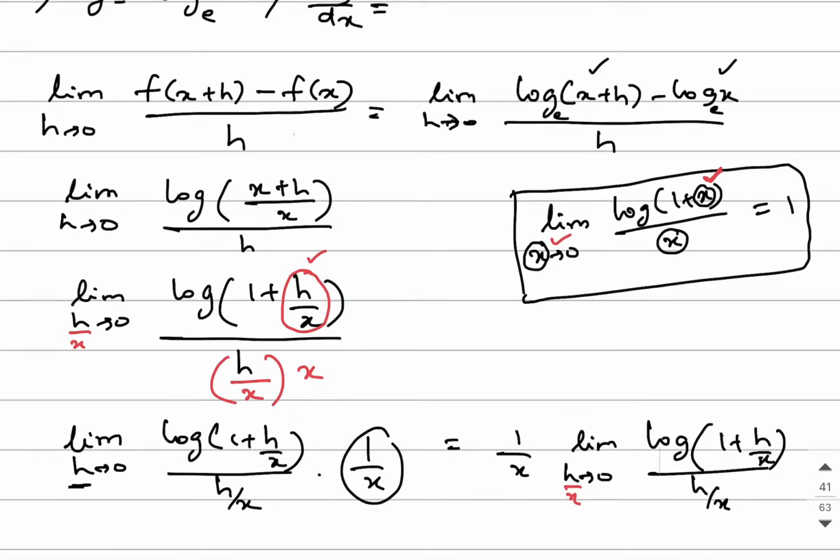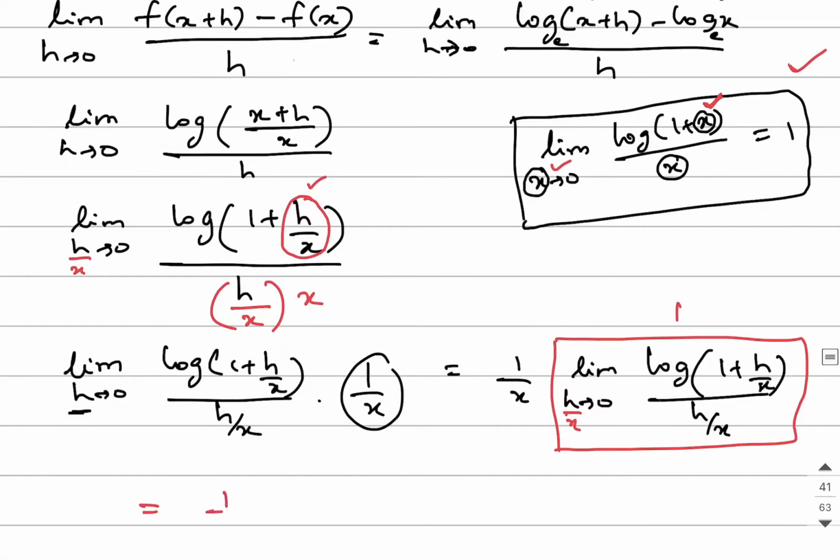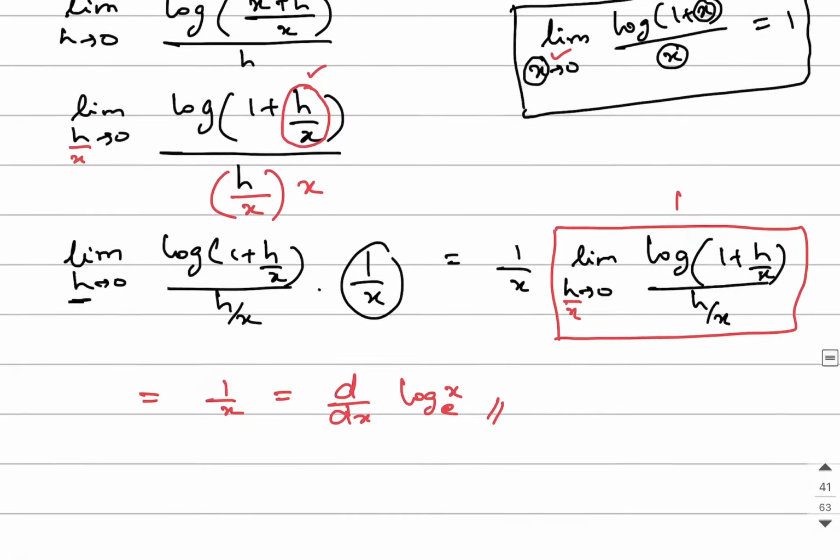There is a hidden information. Then this whole term will be equal to 1 according to this concept, right? So what will be the required answer? It will be 1 by x. This is nothing but d by dx of what? Log x base e. So this is the derivative of log x base e.